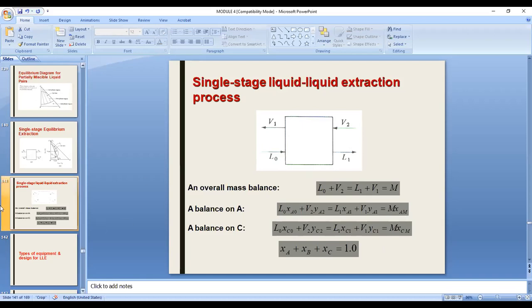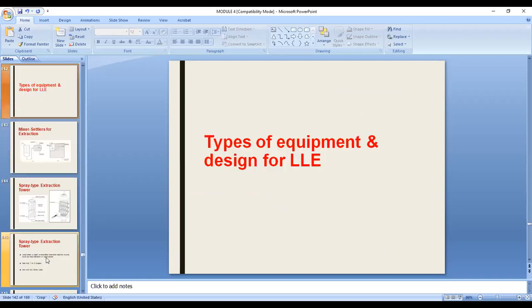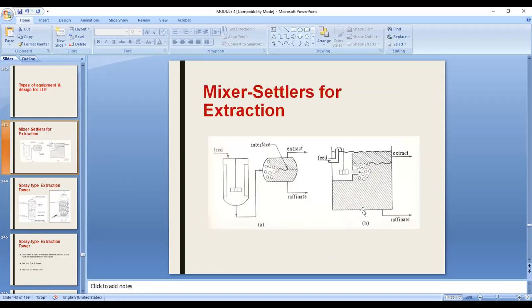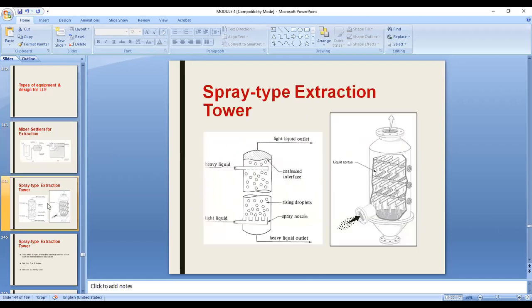Okay. Now, what are the common types of equipment for liquid-liquid extraction? This is the mixer settler extraction. You have your mixer here and you have the settler here. The extract overflows on top, the raffinate is withdrawn at the bottom, or it could be something like this. Oftentimes in the industry, we have the spray extraction tower. The heavy liquid, we call this the continuous phase, is introduced on top.